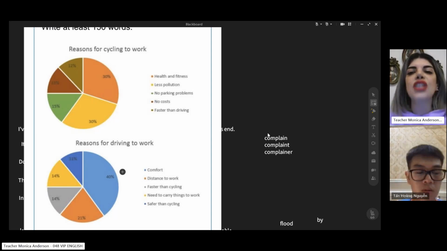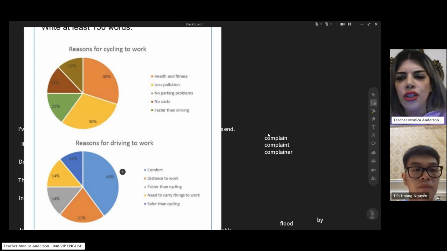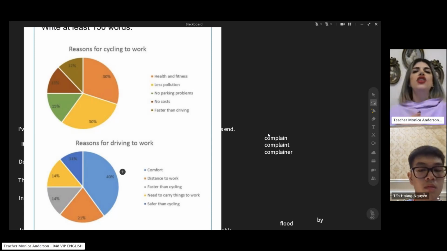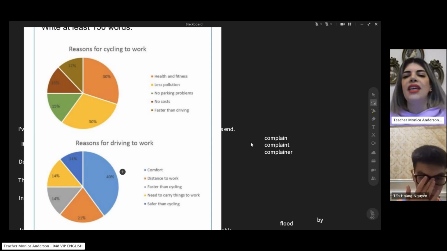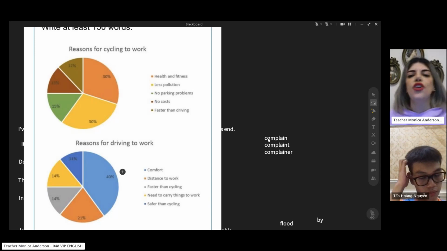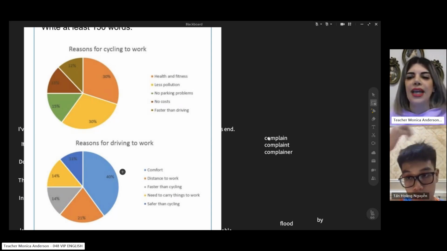So let's write an introduction. Now we know the main features. As you know, in the introduction, you need to paraphrase the question, so it's not really hard, you know this one. The chart shows, the chart illustrates, so the two pie charts illustrate or show or demonstrate or display.